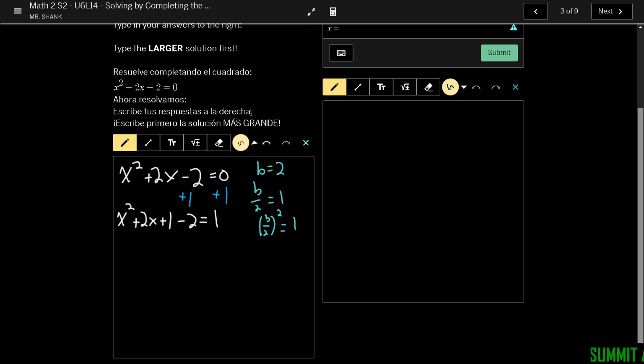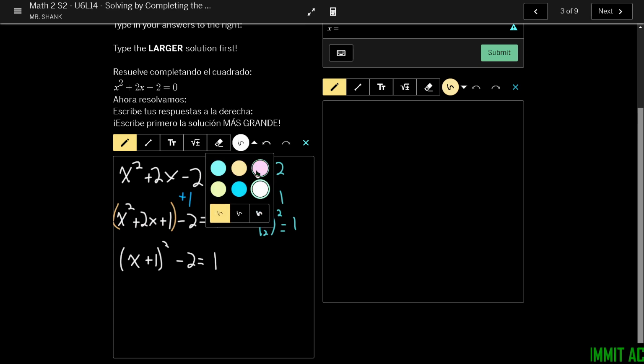Now I can regroup these. So in parentheses, kind of looks like this. And now I can try to switch to my vertex form. So it's going to be x, and then plus or minus whatever b over 2 is. So I'm going to say plus 1 squared, and the rest of the problem. And then I can finally subtract whatever number I added to both sides.